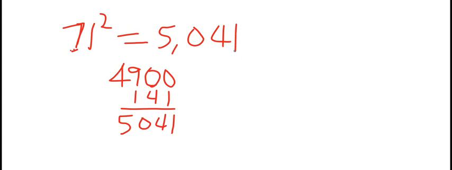So keep practicing. Let's try for maybe 61 squared. Pause the video and tell me your answer, or say the answer to yourself. Okay, so I believe your answer is this. You square 6 and that will give you 36.